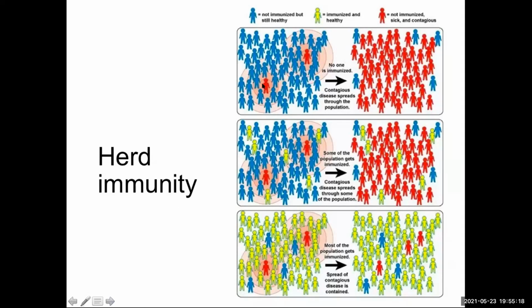So what happens? Since the COVID virus can spread very fast, one person might be able to infect maybe 2 to 5 more people. Within a short time, the whole community gets the infection, similar to what is happening in Sri Lanka at the moment.